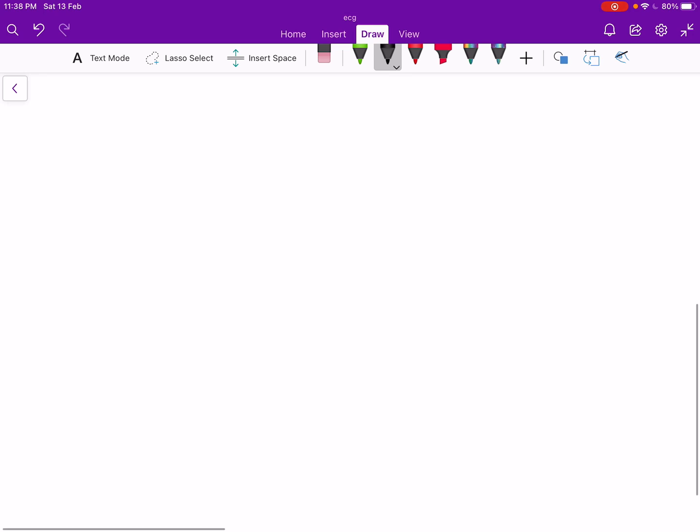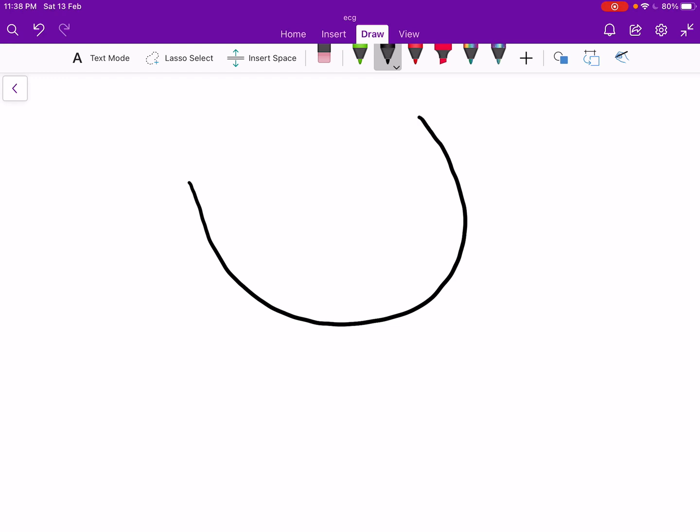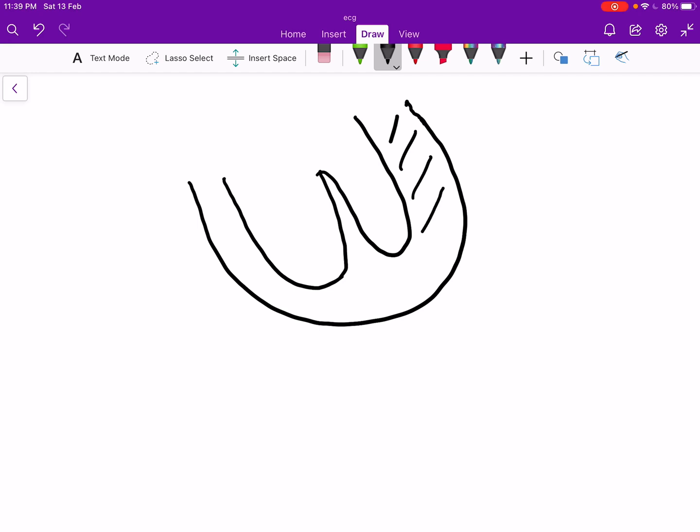If we see the orientation of these leads, suppose this is the ventricular myocardium. The left ventricle being the thicker part, the right ventricle comparatively thin, and this is the septum.